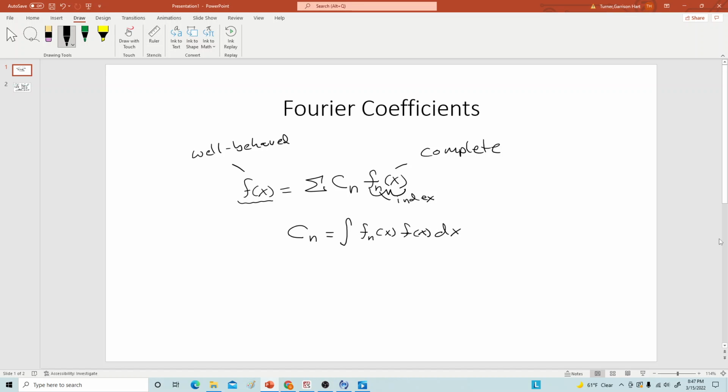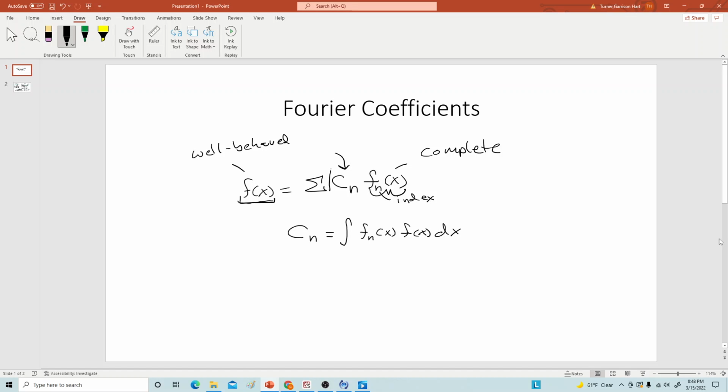And so the strength of each contribution from each of the individual functions in the complete set that contribute to the overall well-behaved function are given by what are called the Fourier coefficients.